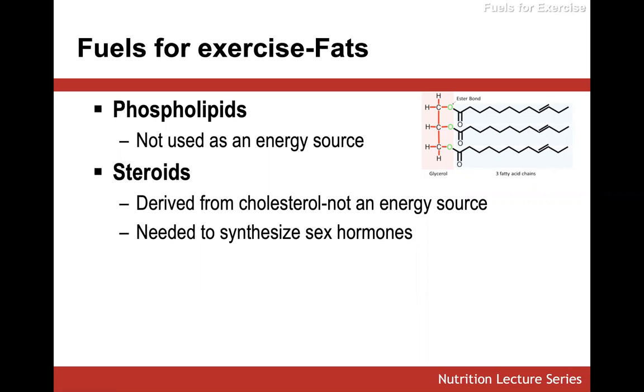Steroids are used to help with the bonding in cell membranes, and also the synthesis of sex hormones. But when we talk about fats as a fuel source, we're talking about this fatty acid chain, and we'll discuss that more in probably lecture 3, 4, or 5.